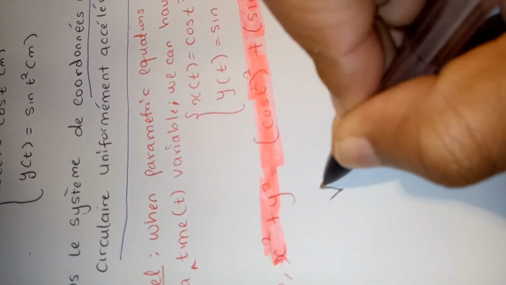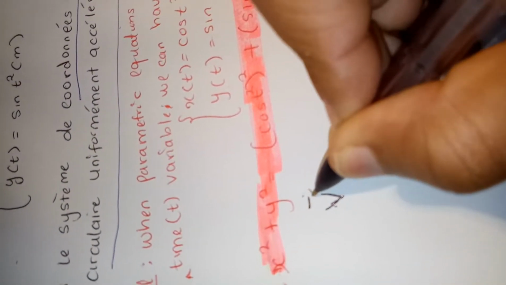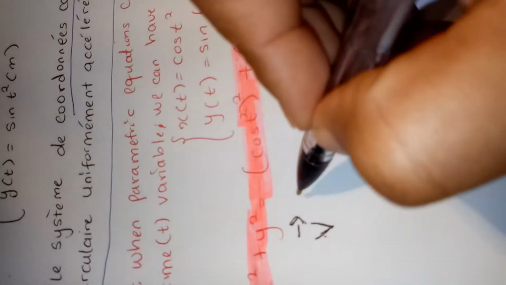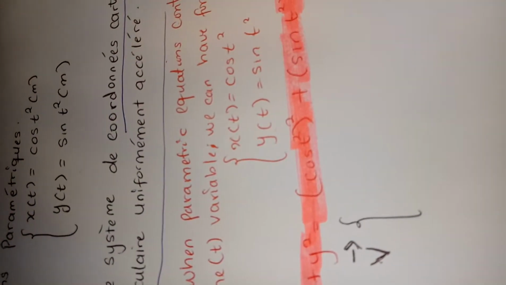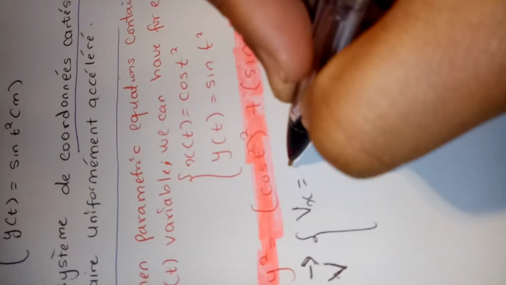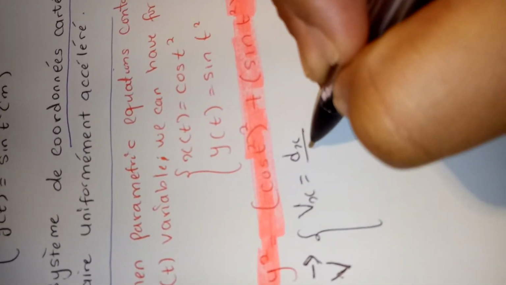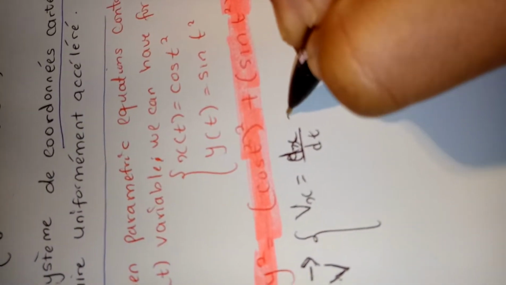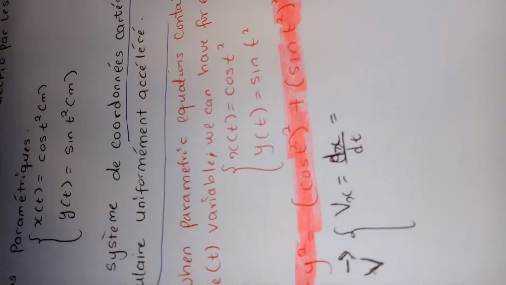So our vector vitesse v, we are going to have vx, and our x of t is cosinus t whole carré. Deriving, vx is going to be dx over dt. Deriving this, what are we going to get?